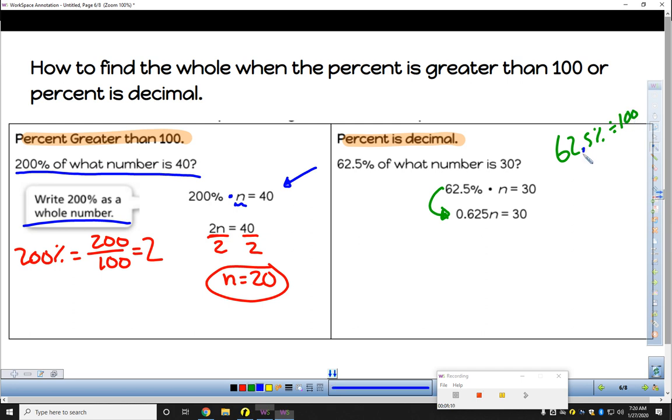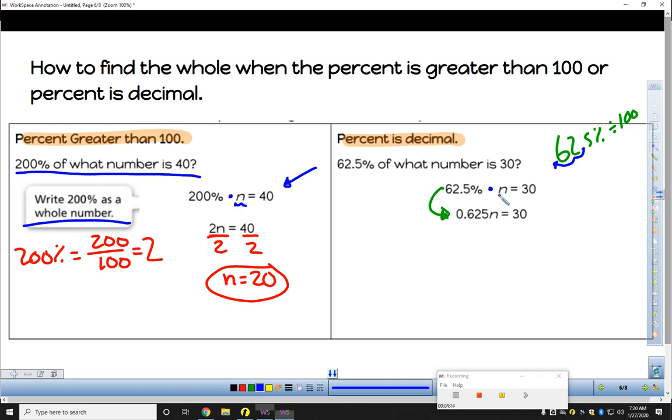So when you divide by 100, the decimal hops to the left. Our place values get smaller by 2 place values. And so 62.5% of some number is 30 would end up being 625 thousandths n is equal to 30.